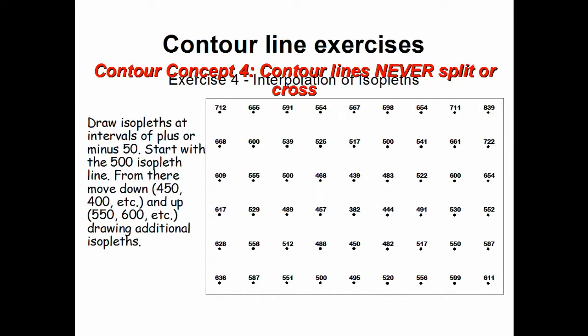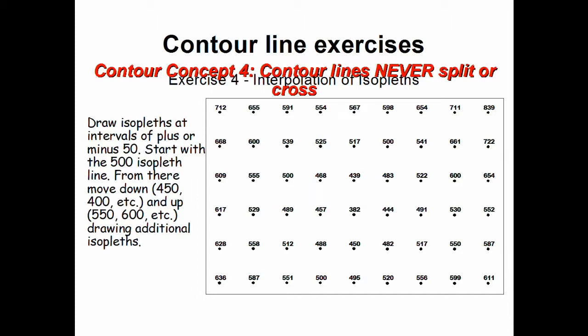Now there is another concept you may need to remember as you complete that particular exercise, and that is that a contour line never splits or crosses over another contour line. Very important to remember.